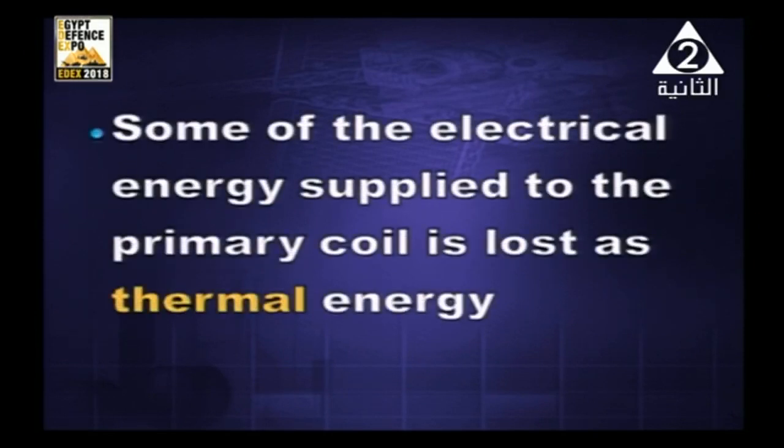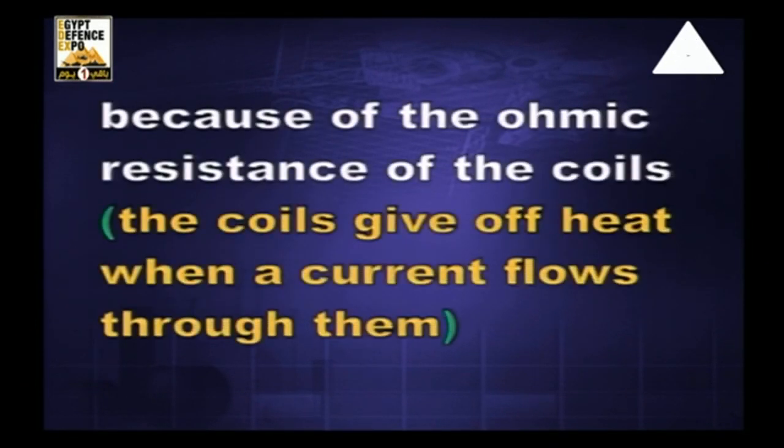First of all, some of the electrical energy supplied to the primary coil is lost as thermal energy, in the form of heat, because of the ohmic resistance of the coils. The coils give off heat when current flows through them.